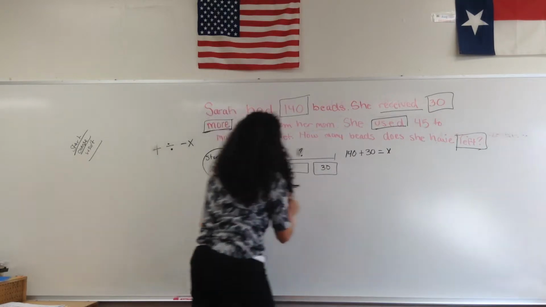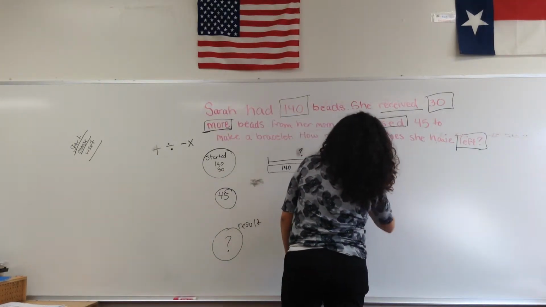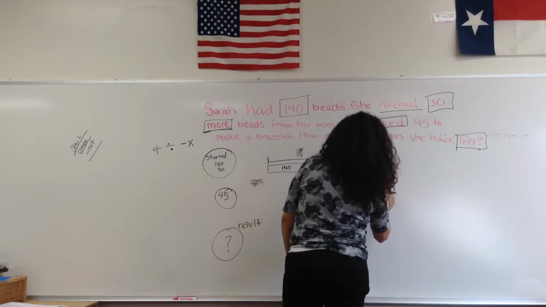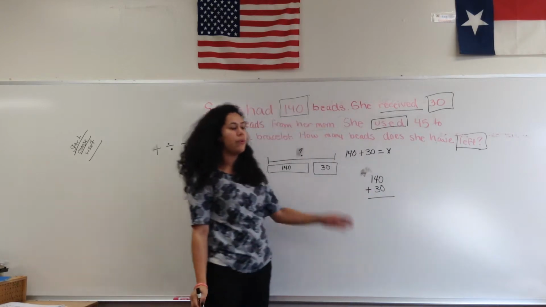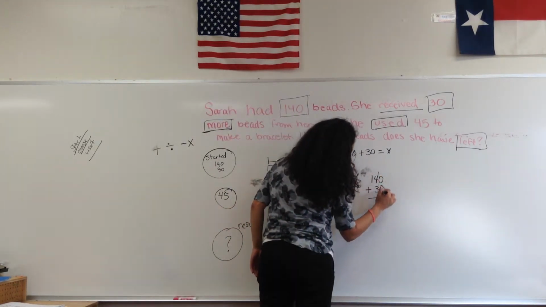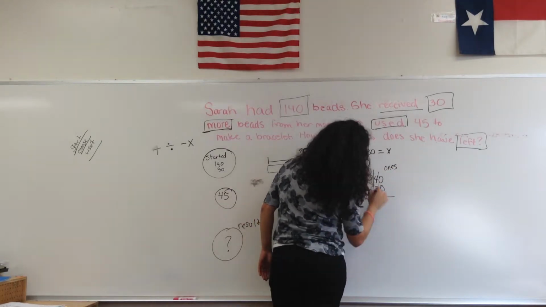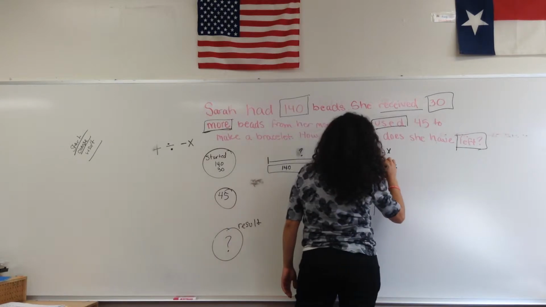140 plus 30. Remember last week we reviewed our ones, tenths, and hundredths. The zeros represent our ones. The 4 and the 3s are tenths.